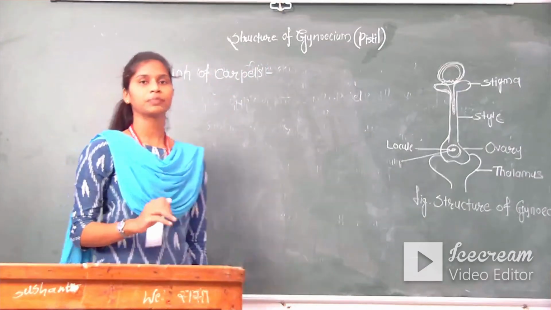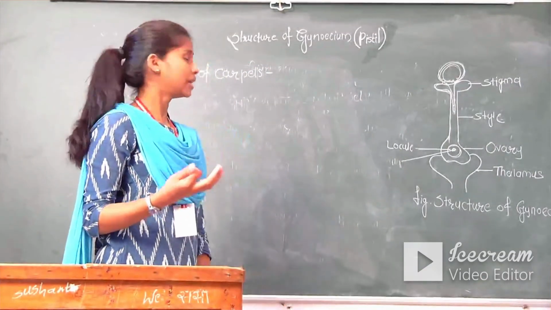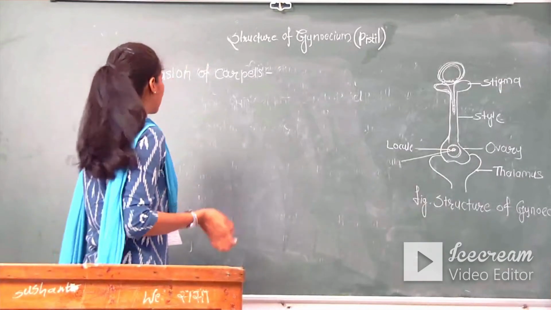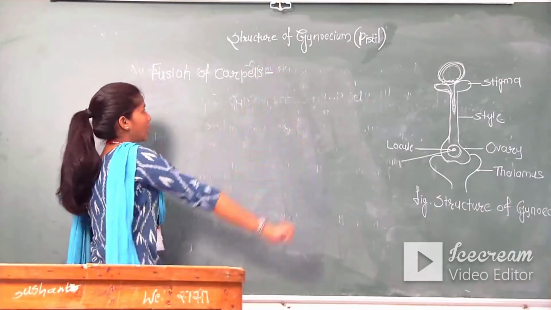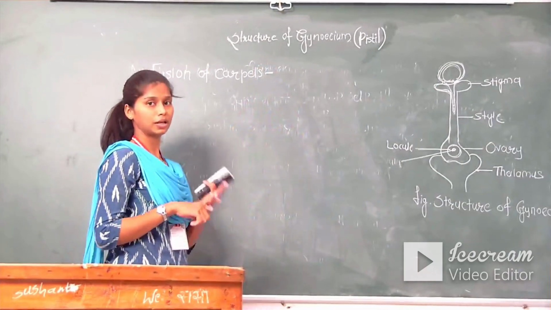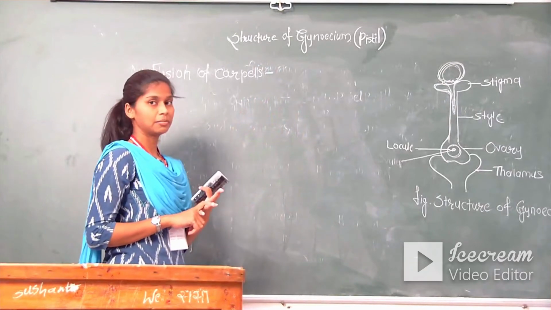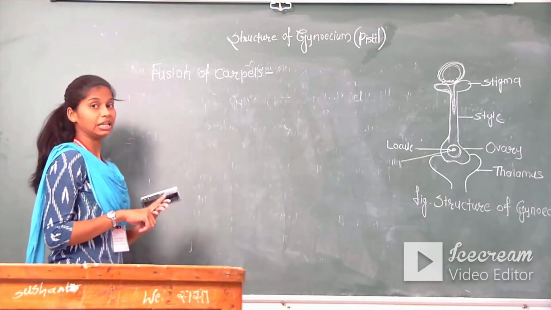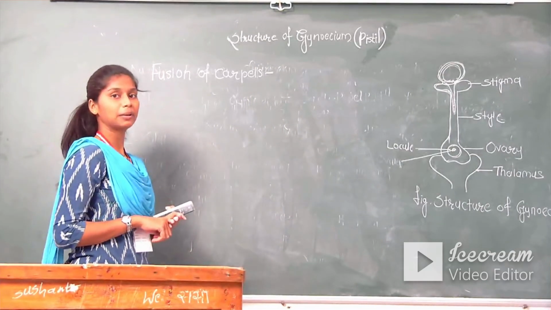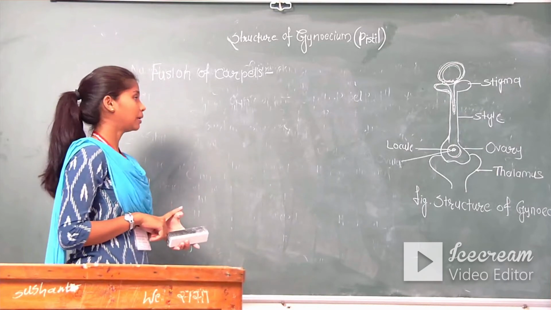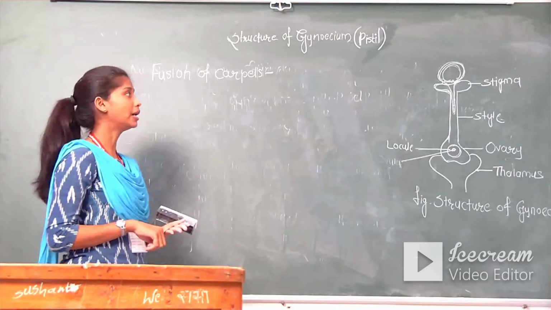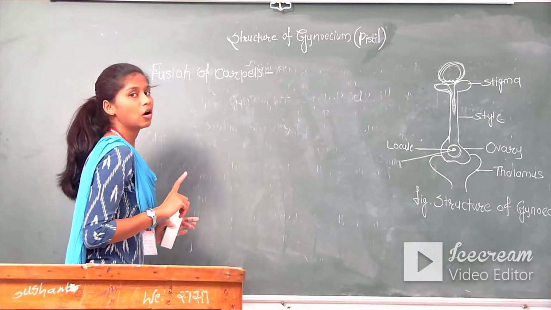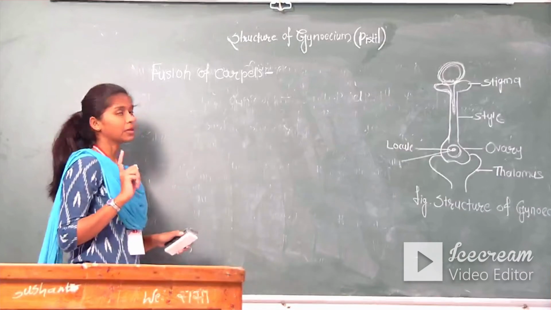In a gynoecium, number of carpels vary, and depending upon the numbers, they are classified as monocarpellary if a single carpel is present, bicarpellary if two are present, tricarpellary if three carpels are present, tetracarpellary if four carpels are present, pentacarpellary if five carpels are present, and if multiple carpels are present, then that gynoecium is referred to as multicarpellary gynoecium.